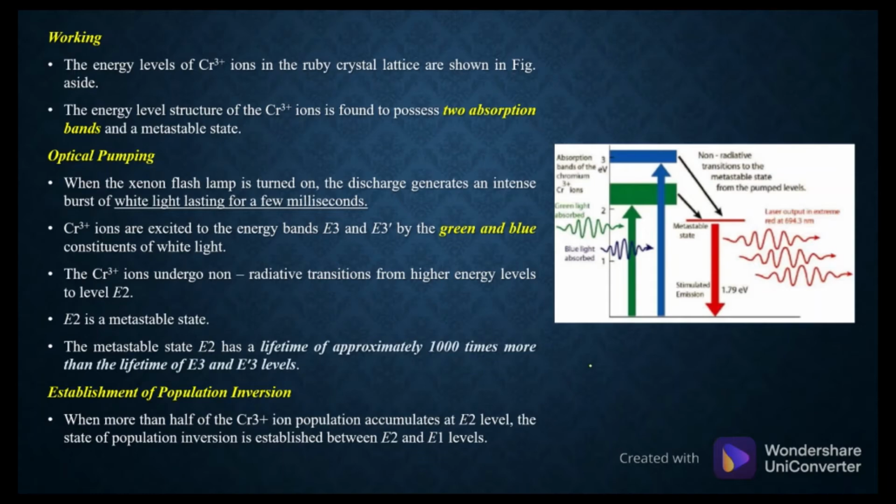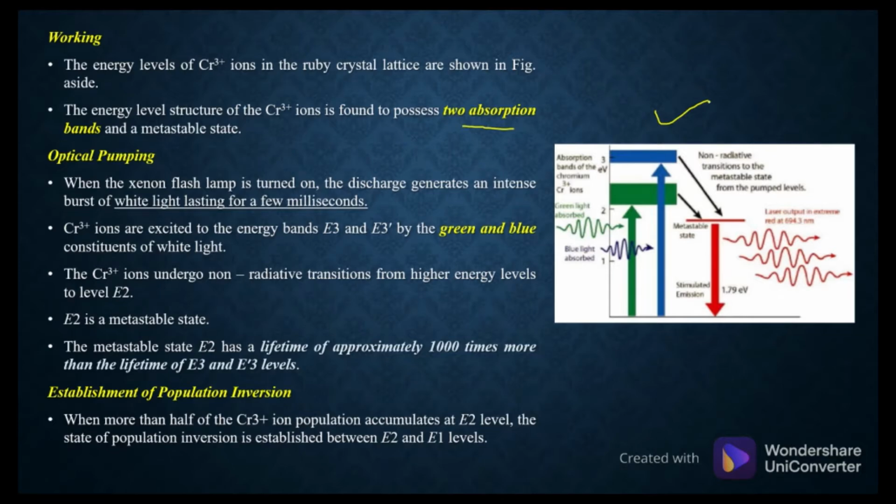So how the lasing occurs is shown here. The chromium ions have two absorption bands and a metastable state. The picture shown here on your right hand side is the energy level diagram of only the chromium ions that are present in the lattice.